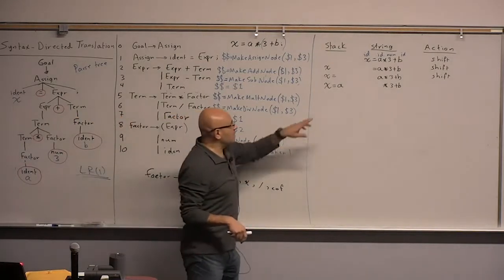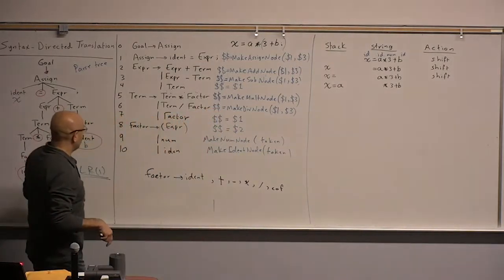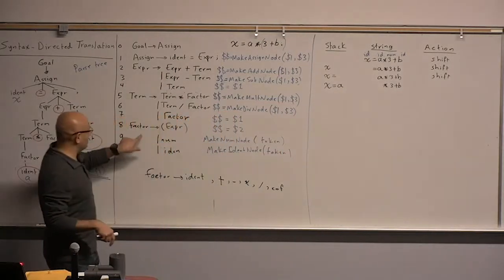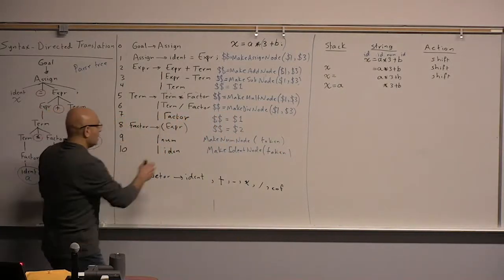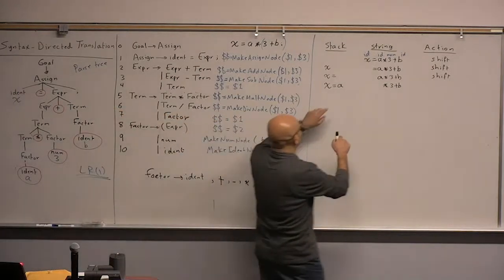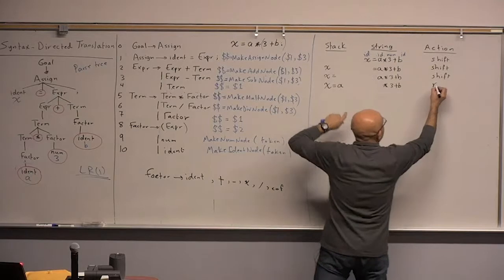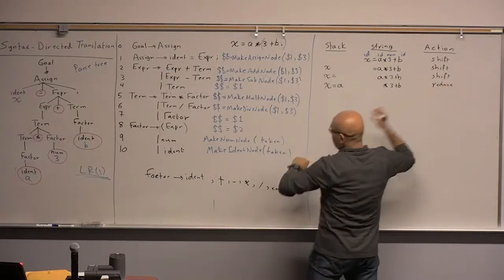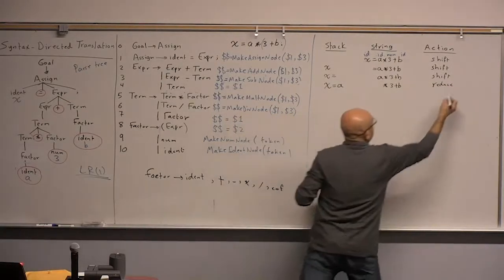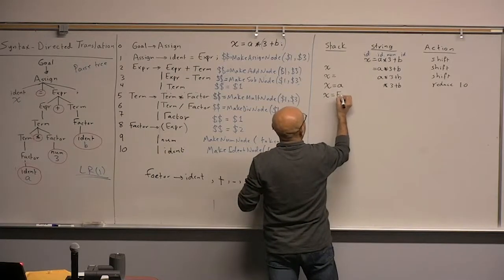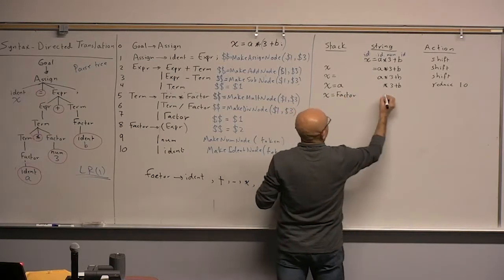So what is reducible here is this identifier. We can reduce an identifier to a factor. So it's going to reduce by rule number 10, and this is going to give us x equals factor.